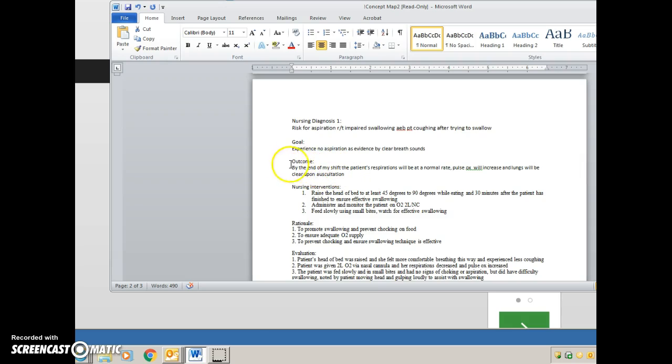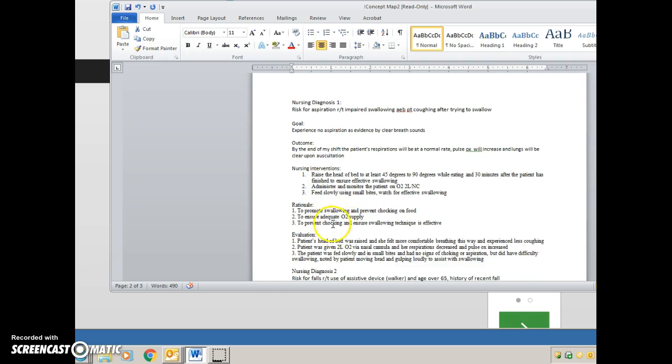Your outcome, you do have your time. Remember, we have to keep your diagnosis as SMART: specific, measurable, attainable, and then we have to have that time component. So you do have the time component. It is measurable. Your nursing interventions are good.